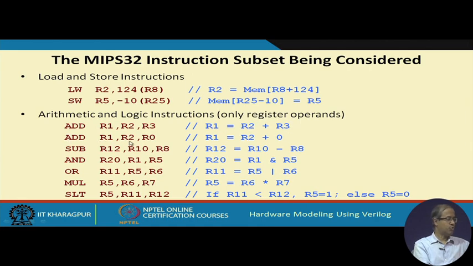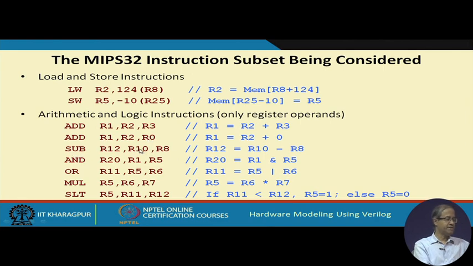Similarly, add R1, R2, R0 means you add R2 to R0, which always contains 0, and store it in R1. So, you see this is, you can say, an indirect way to move the content of a register into another register. This effectively is copying the value of R2 into R1. Okay. So, when you need to do this, you can use this add instruction with R0.